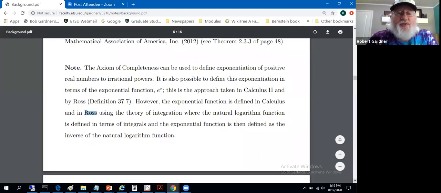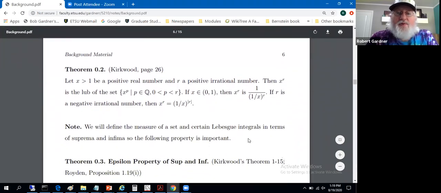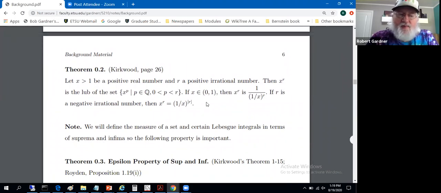An alternative way that the Kirkwood book uses is going directly to the axiom of completeness. So here's what it means. It's a little application of least upper bounds. We'll take x to be a positive real number and r a positive irrational number.